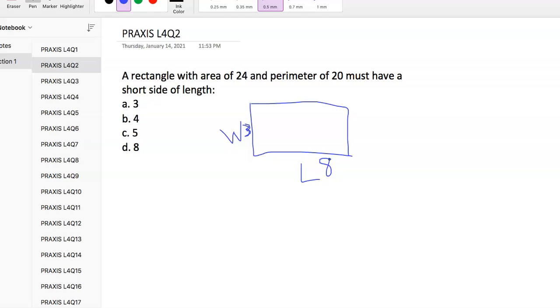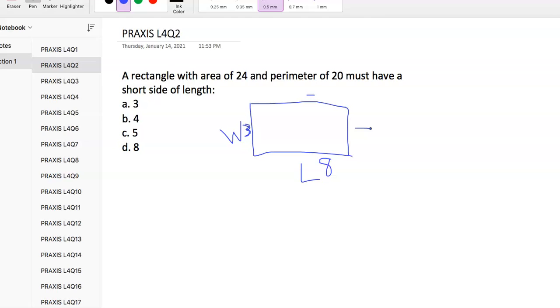So 3 times 8 is 24, so that does give us an area of 24. But 3 plus 8 is 11, and then you'd have 11 on the other side as well. 11 plus 11 is 22, doesn't work out.